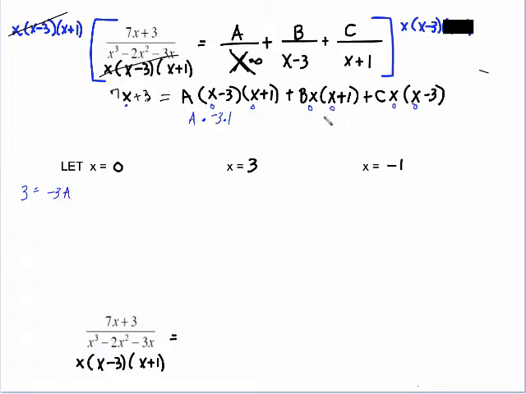Let's see what happens over here with the B. Put a 0 right here for x. 0 times all of this gives me 0, so B has canceled out. Same thing happens with this C right here. 0 in for x, 0 times C gives me 0, times the rest of this gives me 0. So the B and the C have canceled out, leaving just this little equation to solve. Divide both sides by -3, and we get A equals -1.